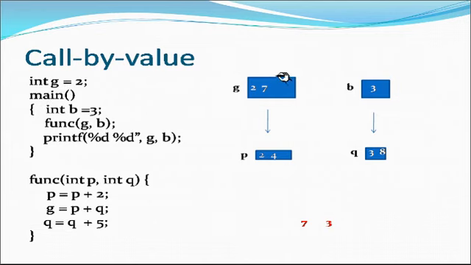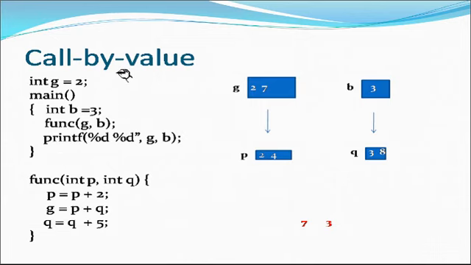On the right hand side you can see boxes shown. These are nothing but the memory locations given for the variables. For example, this is a memory location for G and this is a memory location for B. Inside the box we'll go on writing the values. What happens when the function call is made?